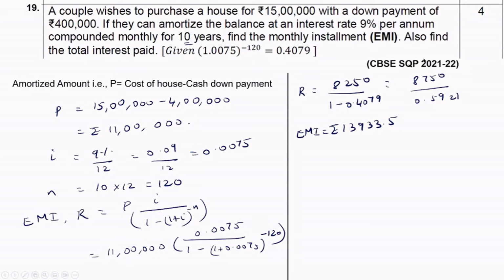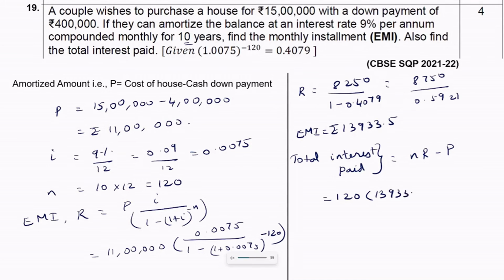And we have one more question. Also find the total interest paid. So total interest paid is n into R minus P. 120 into R is 13,933.5 minus P, which is 11 lakhs.